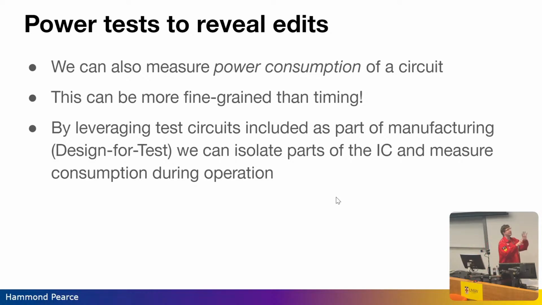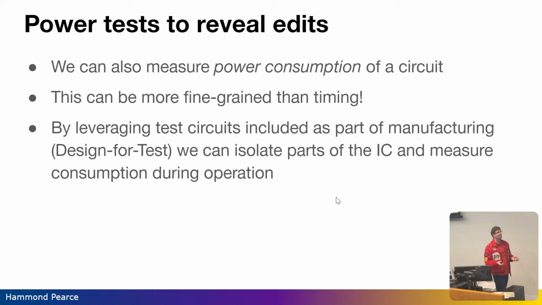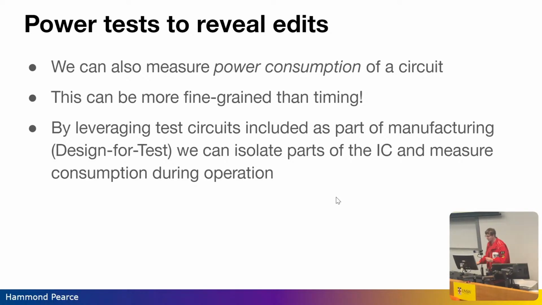Now, how do we isolate the different parts of our chip? That sounds quite complicated. It is, and the only thing I will say about it is that as part of manufacturing all chips, there's a process called design for test, which essentially adds a special series of circuits in your circuit, don't worry, you actually ask for them, which let you do exactly this, that let you isolate individual networks of gates in your circuit, and they do this already for you because this is how you determine if your chip actually functions when you get it from the factory.